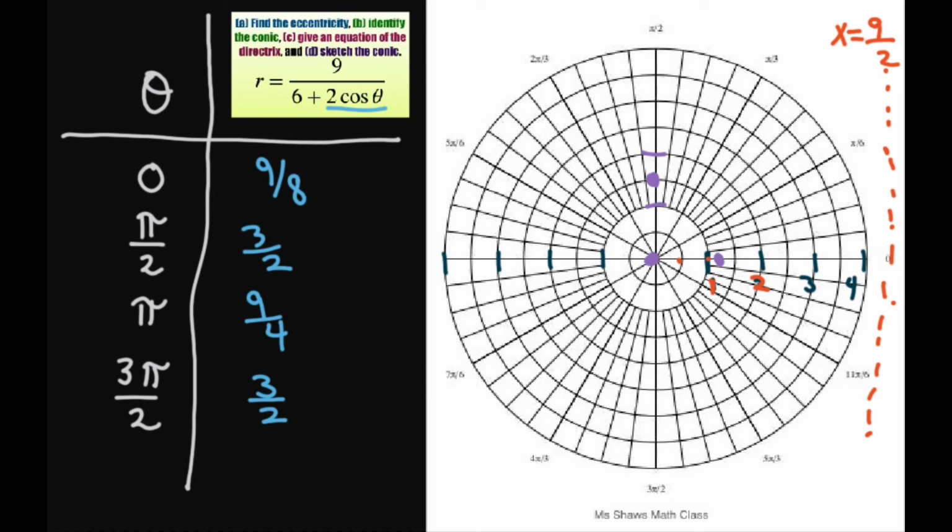Yep. All right, and at pi, we're at 9/4. So that's 2 1/4. Right about there. And at 3 pi over 2, we're at 1 1/2 again. Right about there. Let me see if I can draw this.